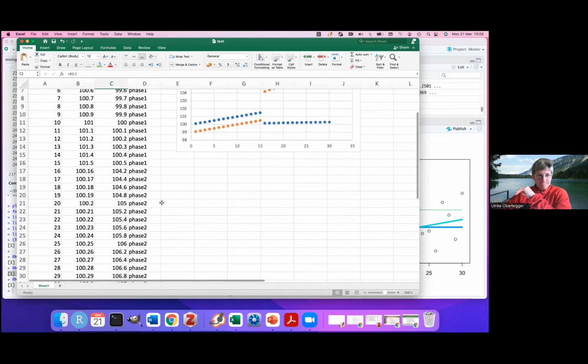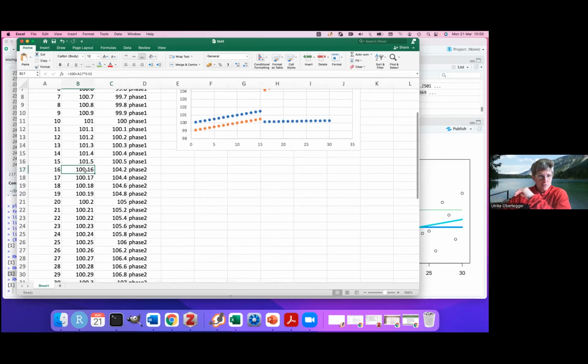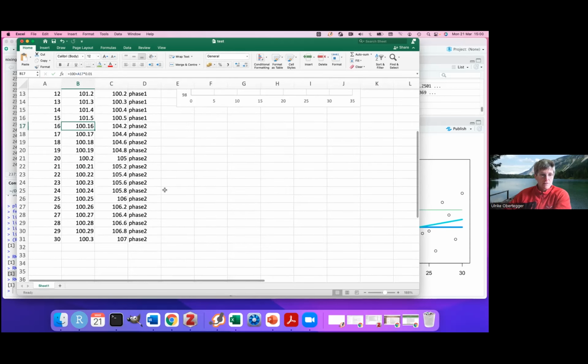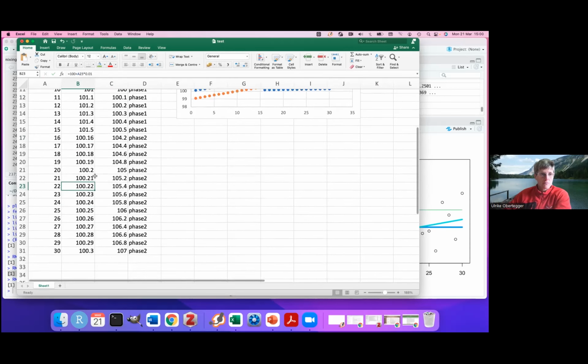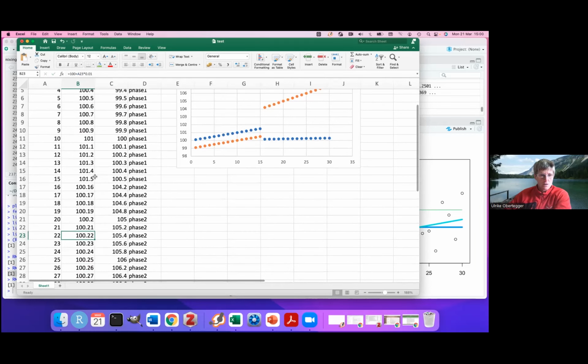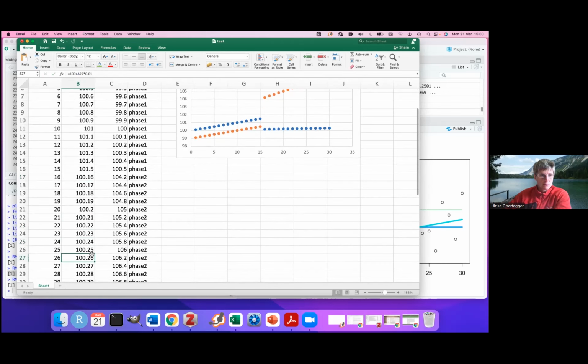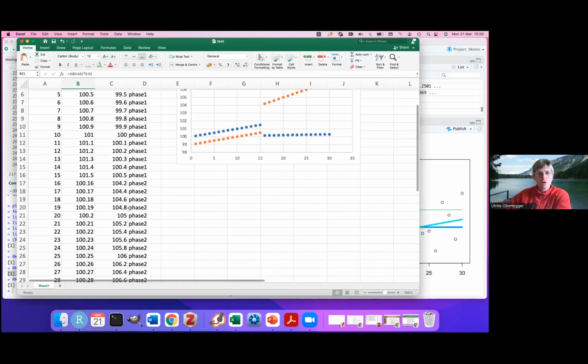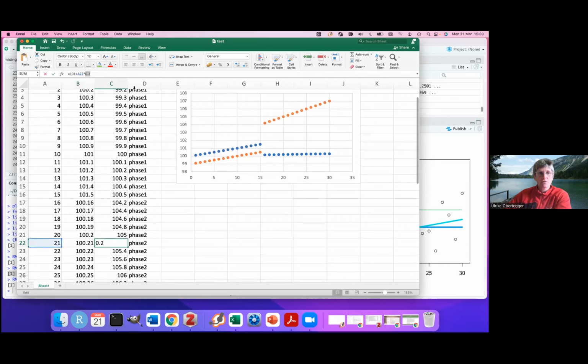For phase two, what I did is, for the unprotected, actually, I decreased the slope, while for, wait, where are we? No, I'm in the wrong column. For the protected, you see the slope is 0.2. So for the protected area, everything is fine.